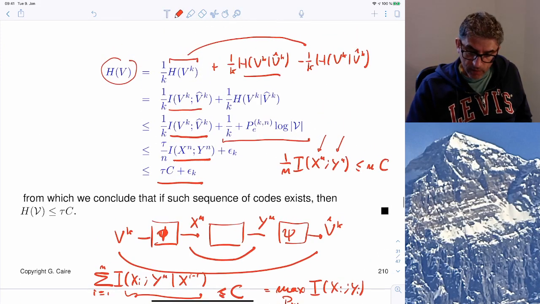Now this quantity here, call it epsilon k: the probability of error goes to 0, and 1 over k goes to 0 as k becomes large, so this is a vanishing quantity.